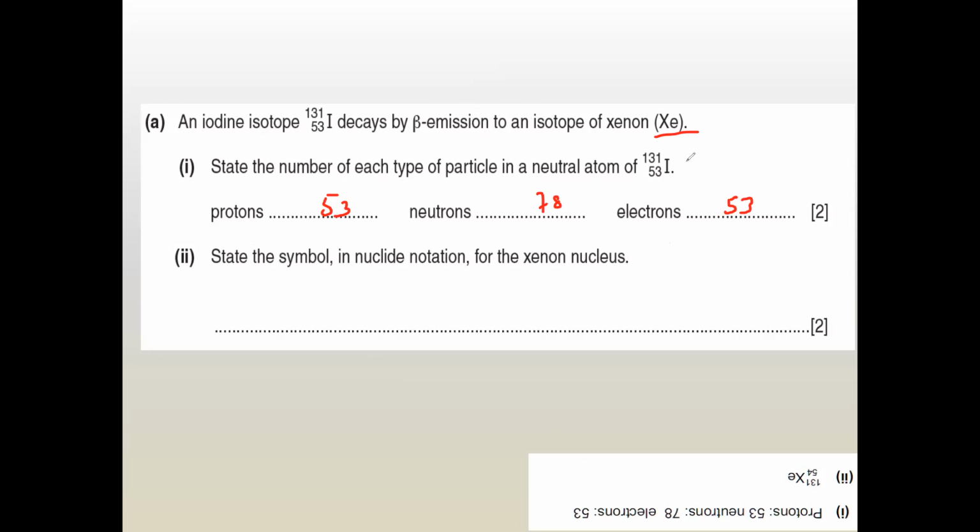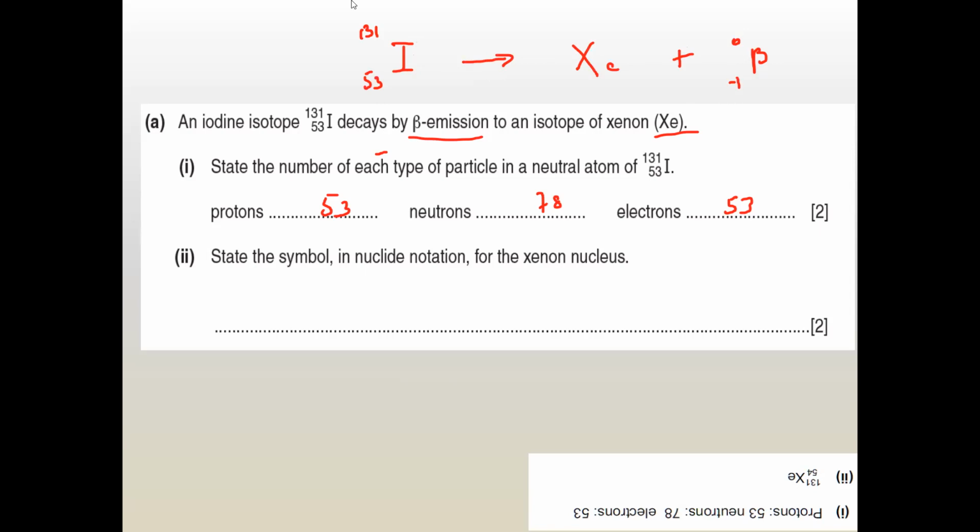Basically what happened is xenon is formed by emission of the beta particle. So we have first iodine isotope. So iodine is 131 and 53, and it turned into xenon by emitting out a beta particle.